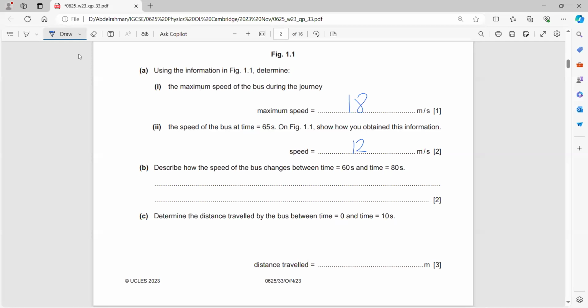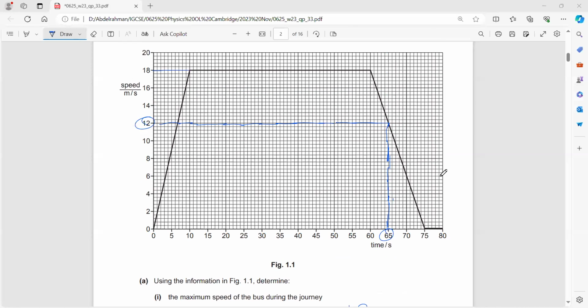Describe how the speed of the bus changes between 60 and 80. How does the speed change? Any ideas?